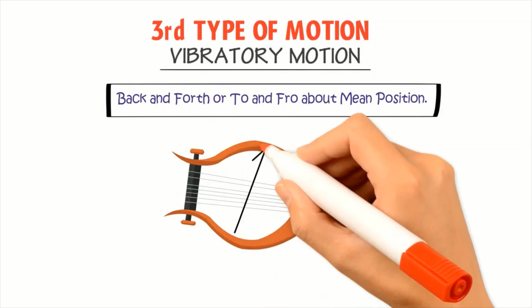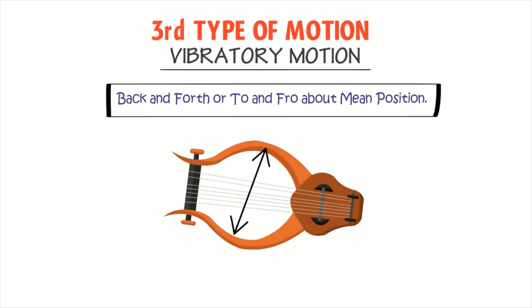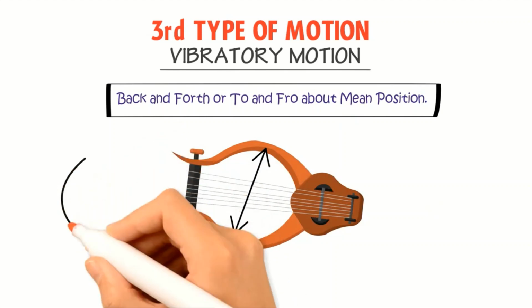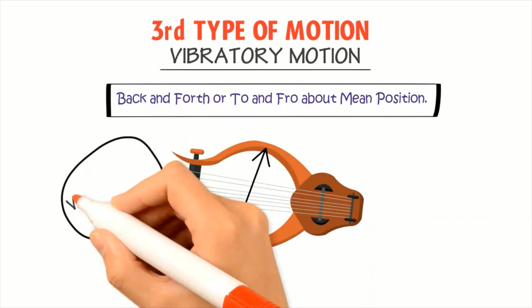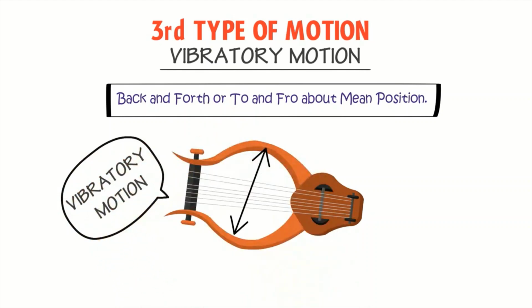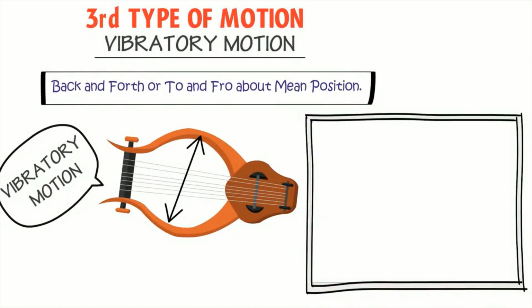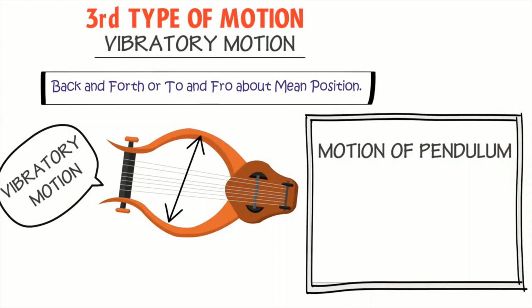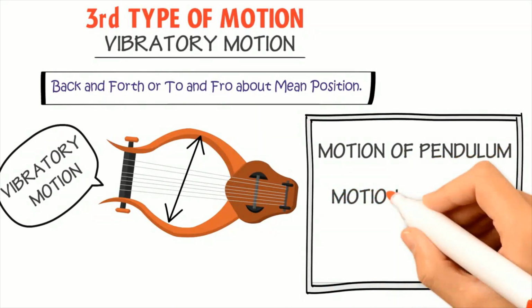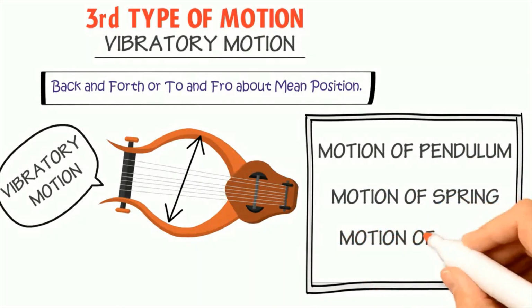Once you pluck it upward or downward from its rest or mean position, as a result, these wires move up and down, or to and fro. As a result, they perform vibratory motion. Other examples of vibratory motion are the motion of a pendulum, the motion of a body attached to a spring, and the motion of a swing.